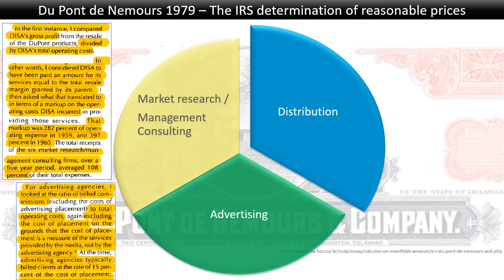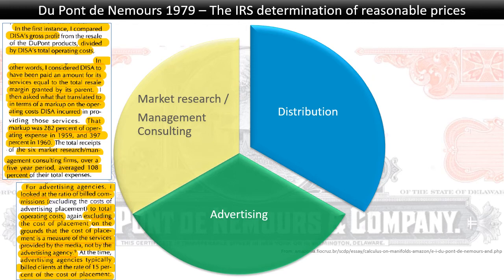If you then look at advertising agencies, I looked at the ratio of billed commissions to total operating costs, again excluding the cost of placement on the grounds that the cost of placement is a measure of the services provided by the media, not by the advertising agency.